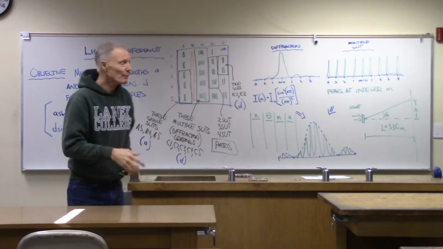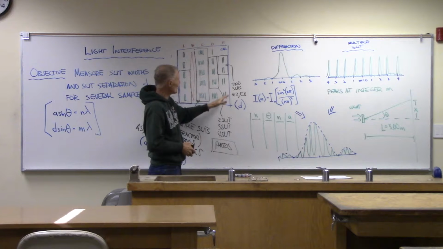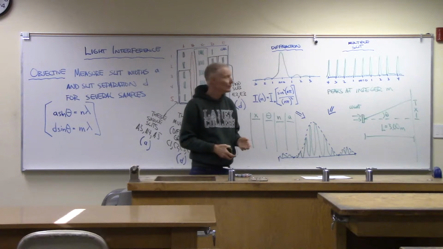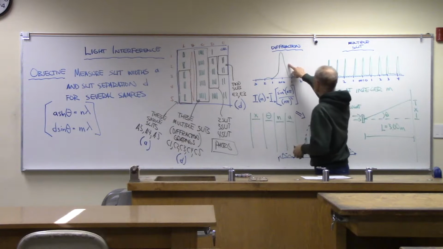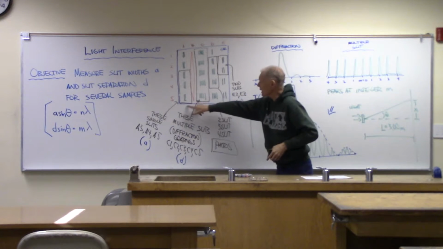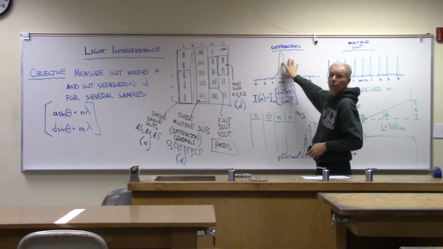Now, what does happen with all of these is that even in this two-slit case, the slits themselves still have width. And so that means that there's always a diffraction effect going on. If I was over here in column A, where there's only one slit, then it would be purely a diffraction effect.